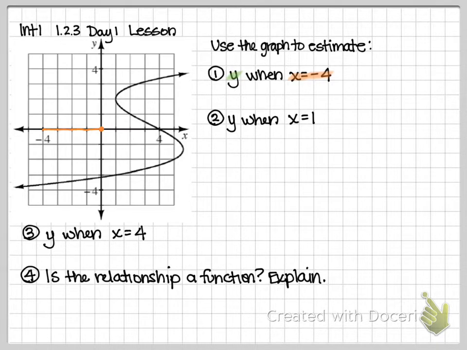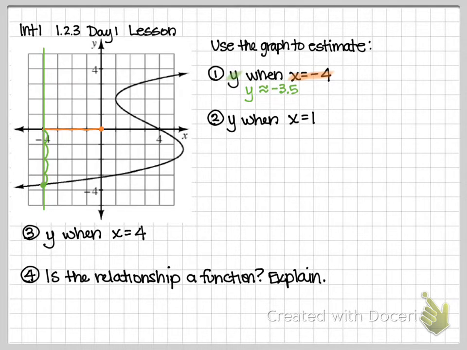So I would think of going up or down on the graph to figure out where I'm going to hit it. And you'll see that I only have that one location down there. If I count those boxes, it looks like 1, 2, 3, and maybe a half. So -3.5. So for my answer, I would say y is approximately -3.5. And that is my estimate.